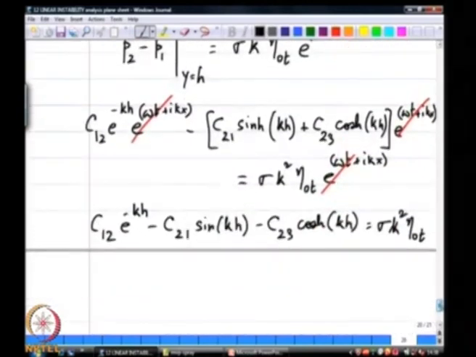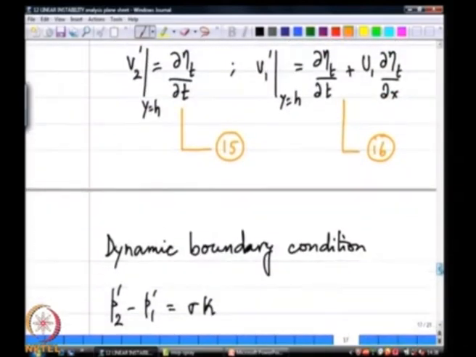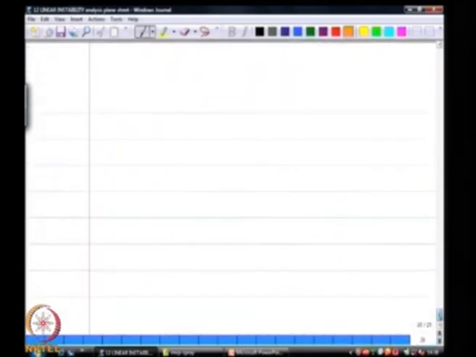Likewise, this is my equation 17, so I have 15, 16 and 17 as the 3 boundary conditions at the top interface.